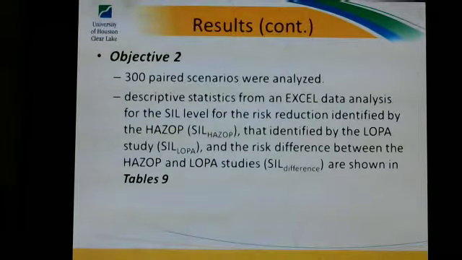All right, in objective 2, 300 pair scenarios were analyzed. We did descriptive statistics using Excel data analysis for the SEAL level for the risk reduction identified by the HAZOP, which is SEAL HAZOP, that identified by the LOPA study, which is SEAL LOPA, and then the risk difference between the two, which we call SEAL difference.